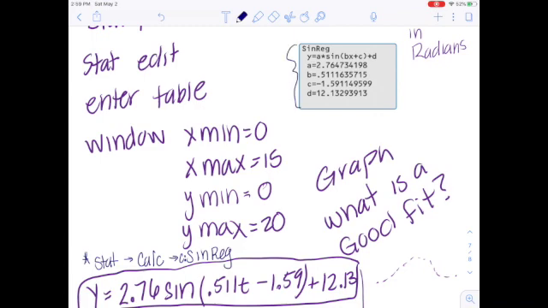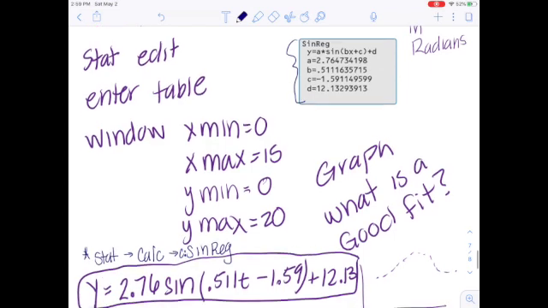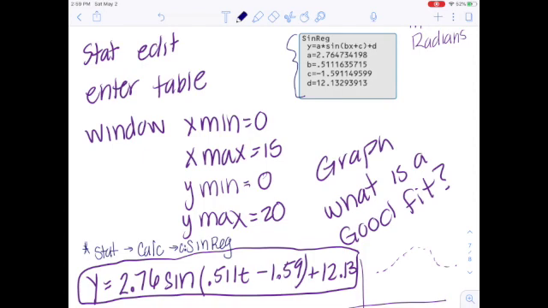And you should get this information at the top. So they're telling you your A value is 2.76, your B value is 0.51, C is negative 1.59, and your D value is 12.13. All right, and you can write the full function, y equals 2.76 sine of 0.51t minus 1.59, plus your midline of 12.13.